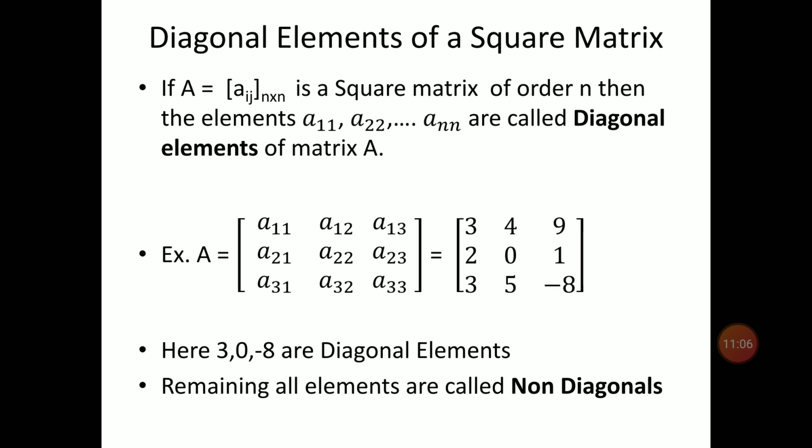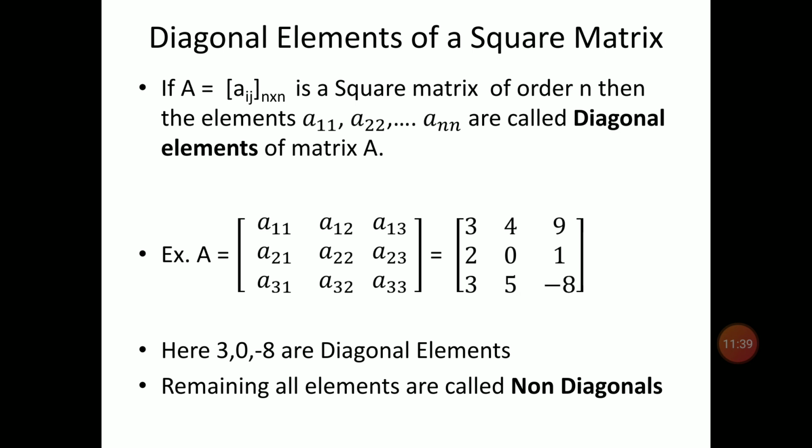Now in the square matrix, what is important to study is the diagonal elements. When you consider a square matrix, all the elements which lie along the diagonal. What would be the diagonal over here? Obviously the elements A11, A22, A33 form the diagonal of the square, isn't it?